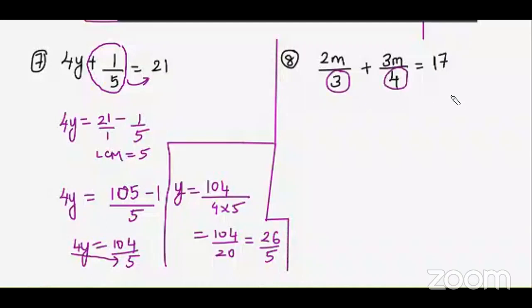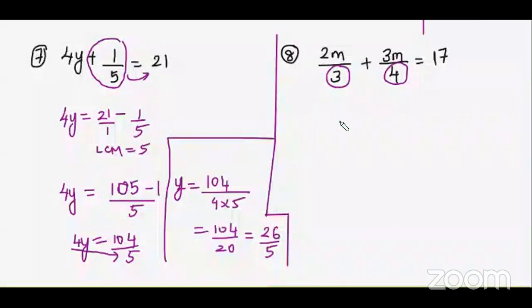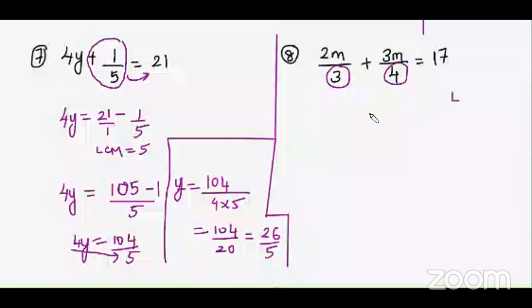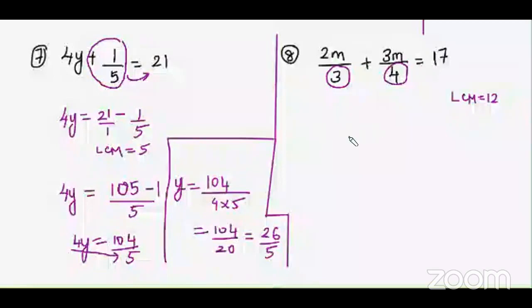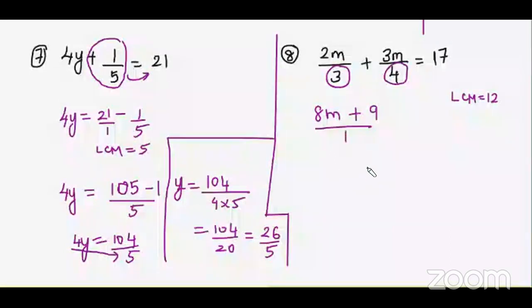So let's do it. What is the LCM now? It's a 12. So it will be a 8m plus 9m. 3 3s are 9. Divide by 12 equals to 17. So 8m plus 9 equals to, this will shift here.